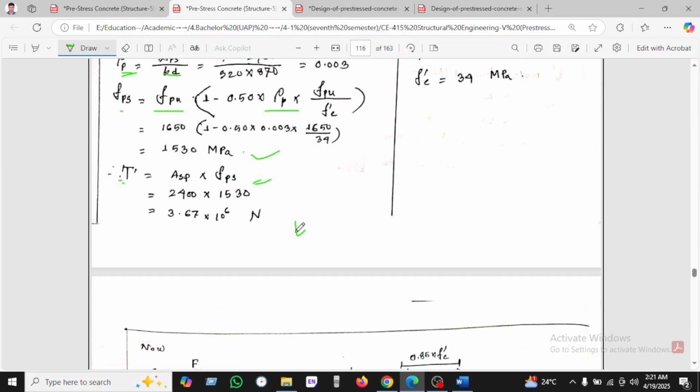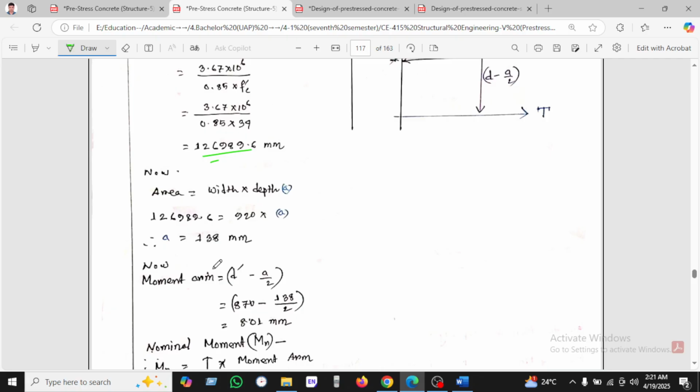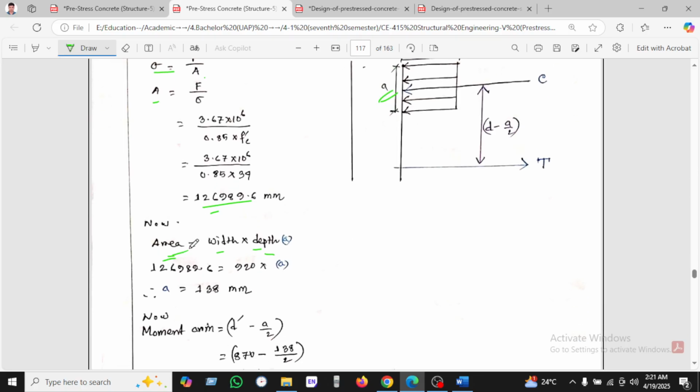After finding the tension, now we'll calculate the stress, force into area, and find this area. Now area we know, width into depth. Depth is known, so we can calculate this depth as a.